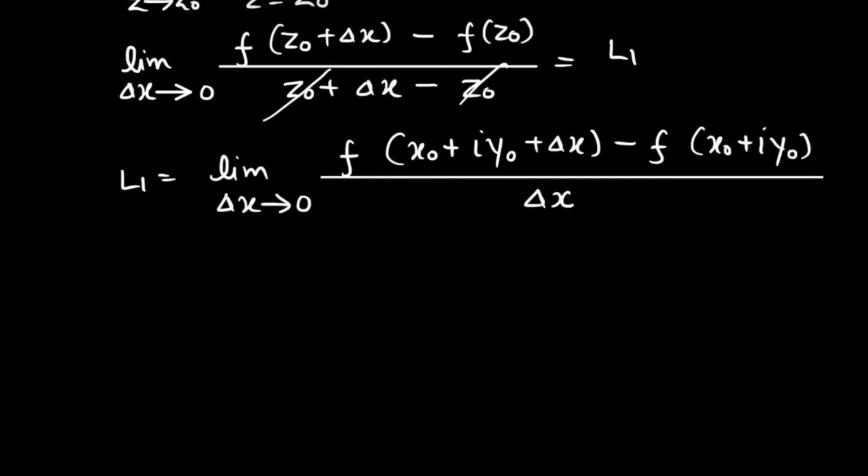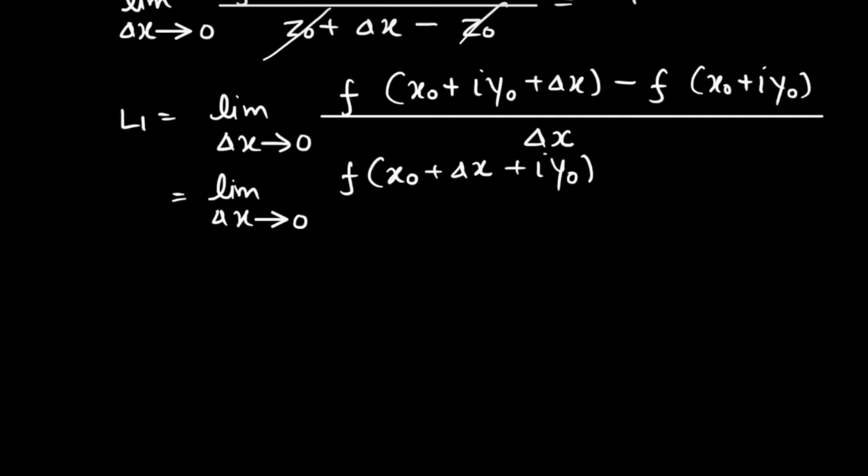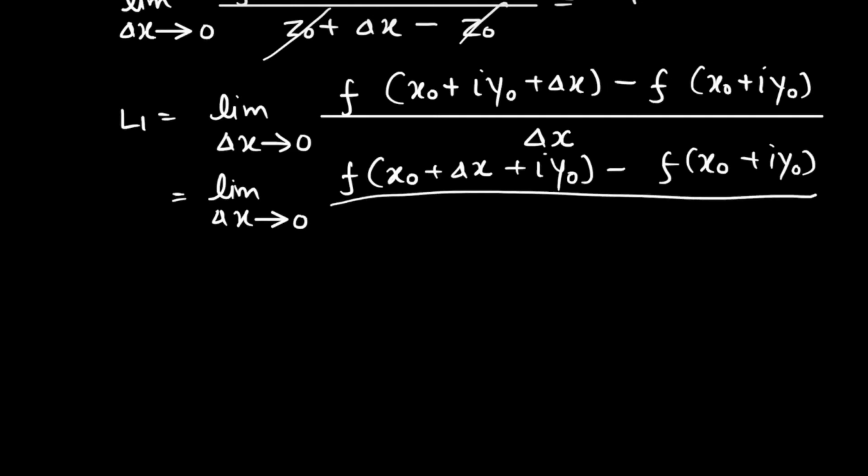Okay, now let's solve. So we have limit delta x tending towards 0, f of x naught plus delta x plus iota y naught minus f of x naught plus iota y naught over delta x.